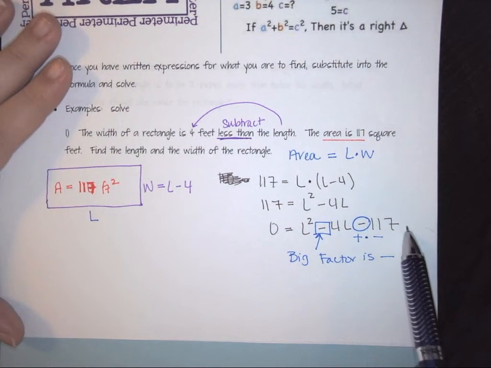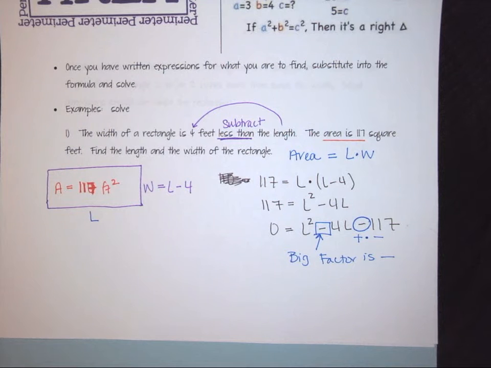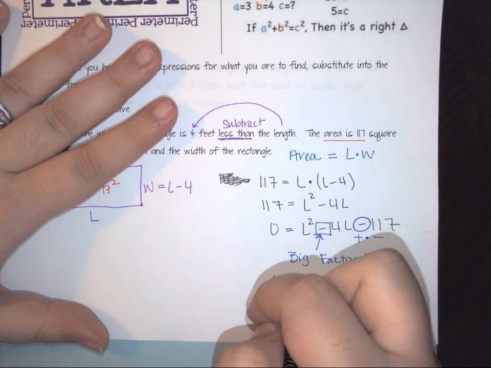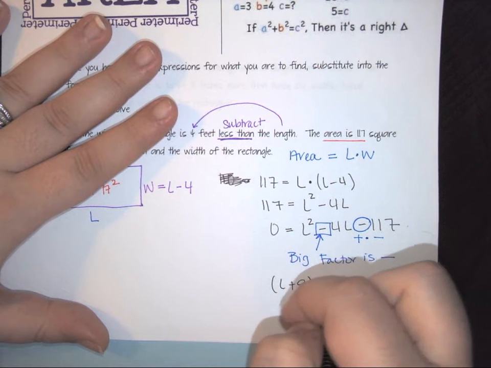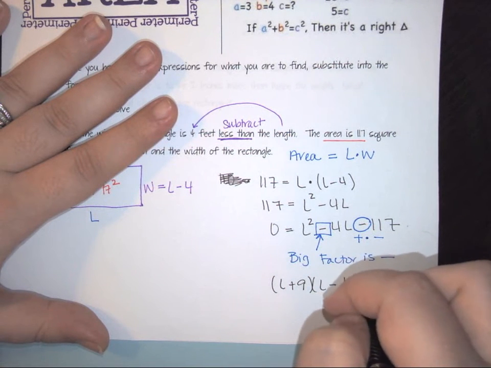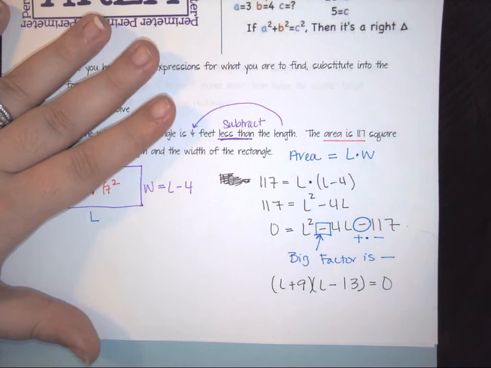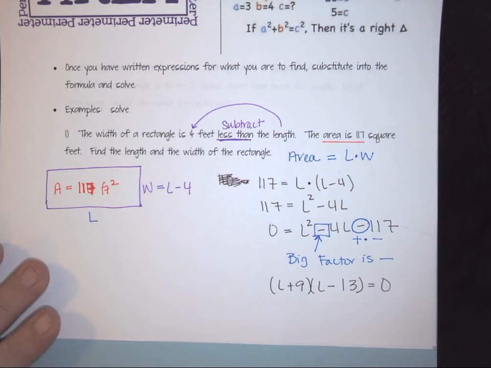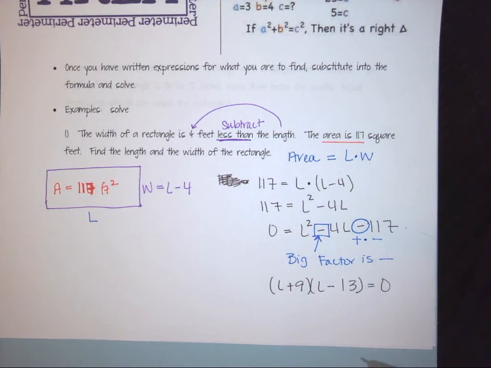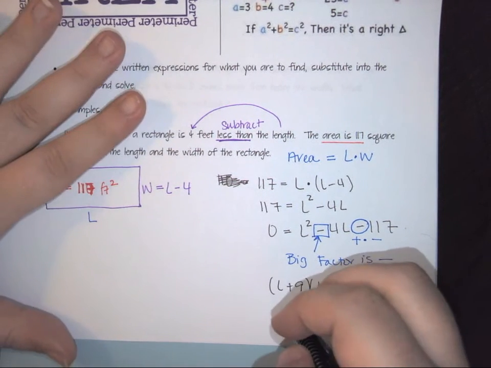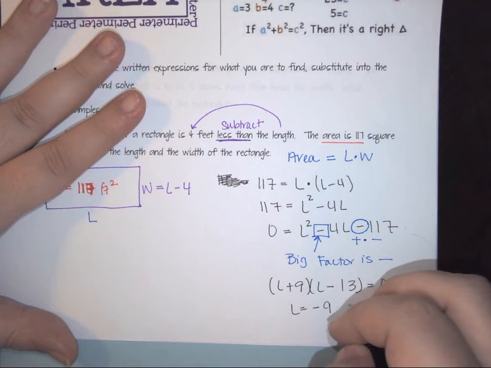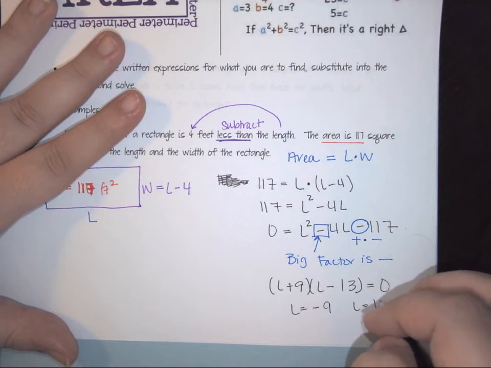So we need factors of 117 that are going to give me 4. So here, when we're looking at those, we're going to have L plus 9 times L minus 13 equals 0. So obviously you could take your 117 and list their factors out and figure out which combination works the best. And then in this case, when we solve, we get that L is negative 9 and L is 13.